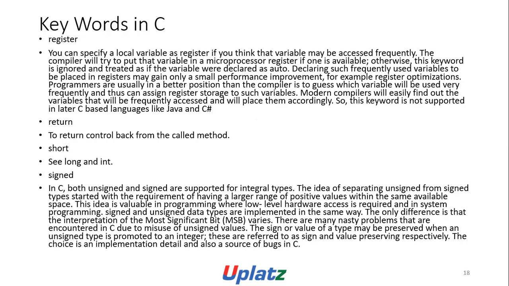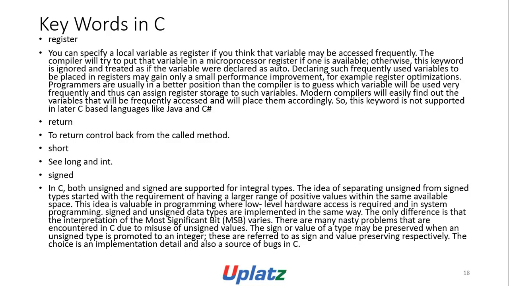Programmers are usually in a better position than the compiler to guess which variables will be used very frequently, and thus can assign register storage to them. Modern compilers will easily find out the variables that will be frequently accessed and will place them accordingly. So this keyword is not supported in later C-based languages like Java and C#.